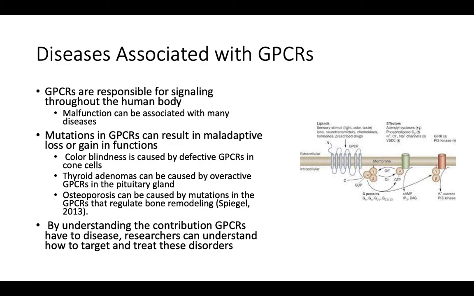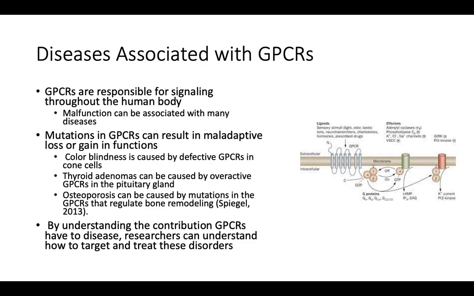There are typically two kinds of effects these mutations can have: either loss of function or gain of function. If a protein structure is defective, it just won't work at all, so there's no regulation and no initiation of anything. It's just not going to function the way it should.